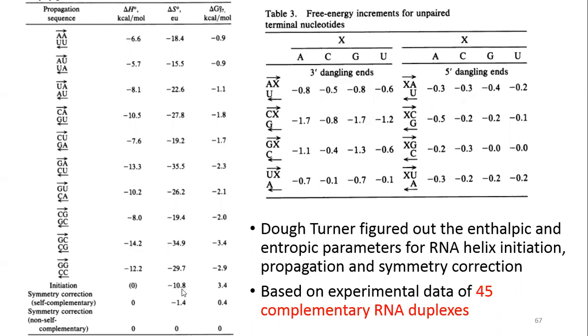Do you understand? So we have to consider all these values. Now it is entirely possible that there might be a dangling end. So for a dangling end, you can use this table. What these values correspond to is that there is base pairing of A and U, and there is some dangling X. If the dangling X is A, then the free energy associated with it would be minus 0.8.